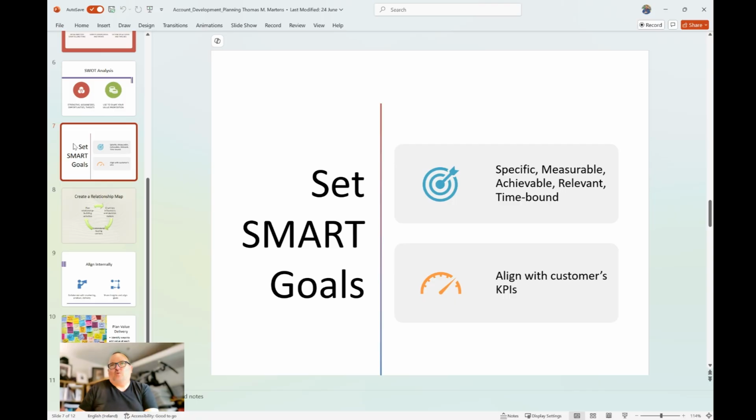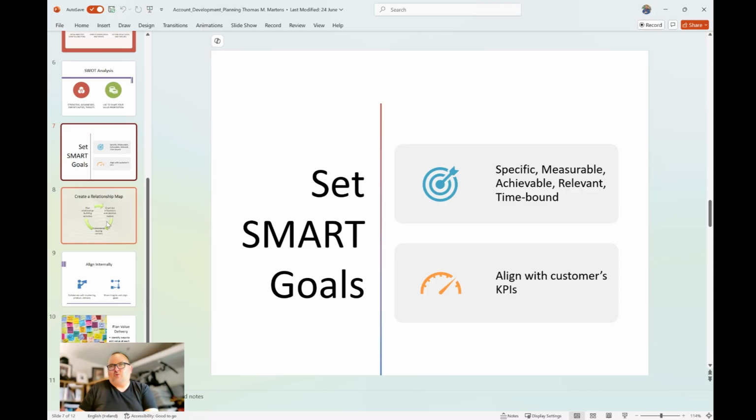Set SMART goals: specific, measurable, achievable, relevant, and time-bound. This has to be always aligned with the customer, because you want to sell to the customer and the customer wants to buy from you. So you have to be aligned. It has to be specific: talk to the customer, what is the challenge?